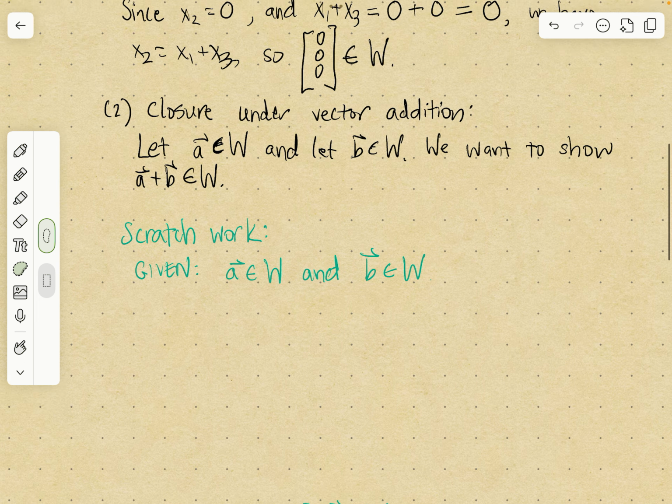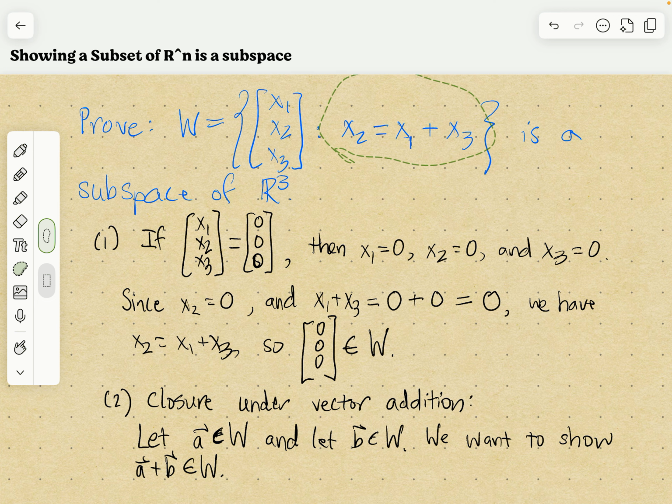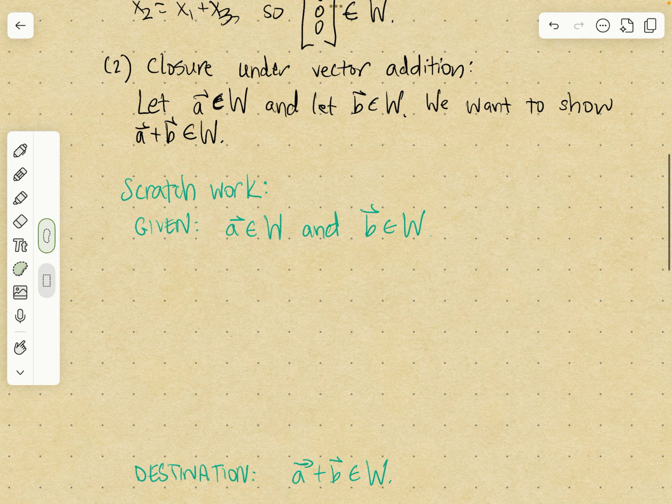Well, since W is defined in terms of coordinates, right? W is defined in terms of what happens to the components of the vectors. If the second component is equal to the first and third components added together.